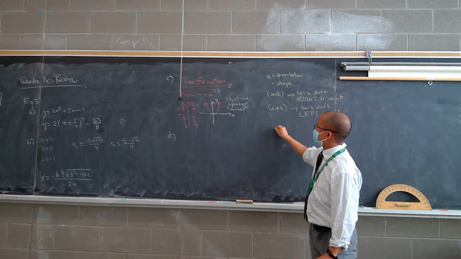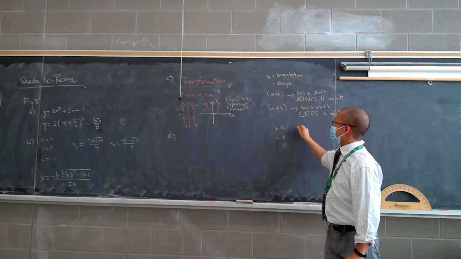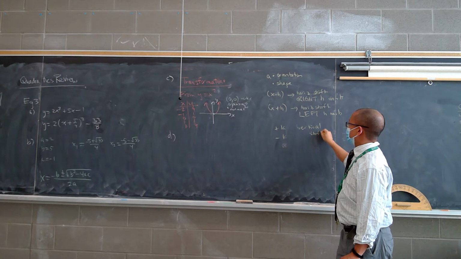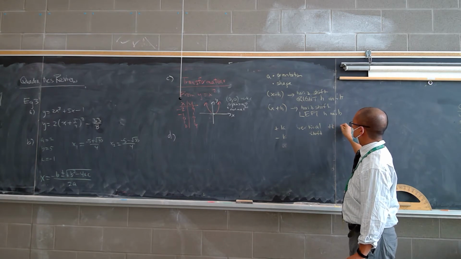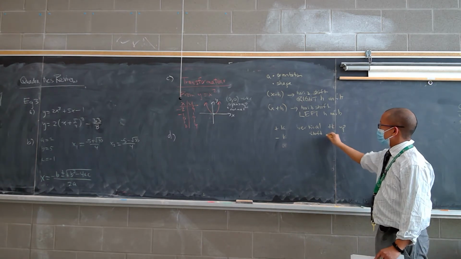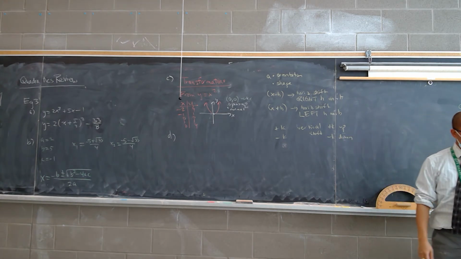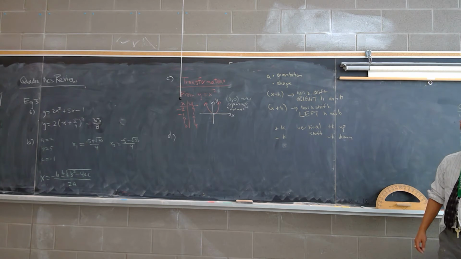And finally, we see a plus k or minus k. These are both vertical shifts. In this case, plus k up, or minus k down. So the only hard part is the a value.